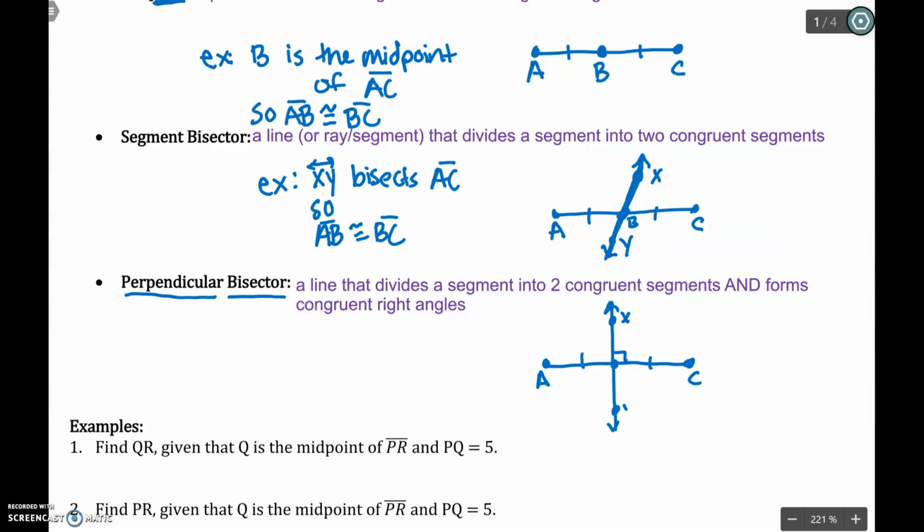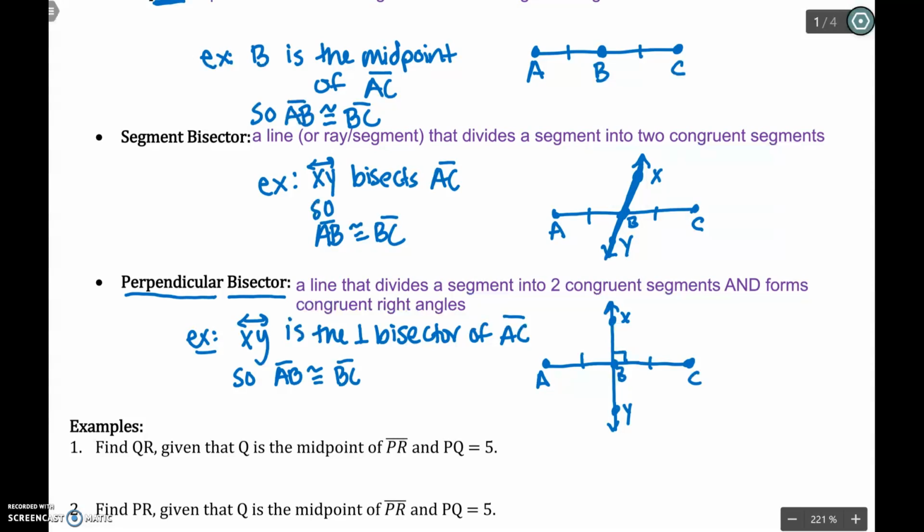So in this particular one, XY, the line, is the perpendicular bisector of AC. Okay, and the same thing as before happens. We end up with two congruent parts.